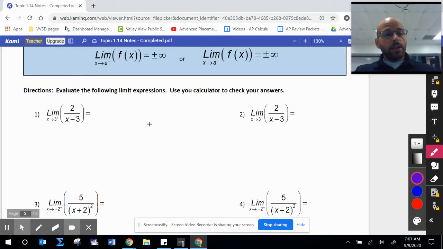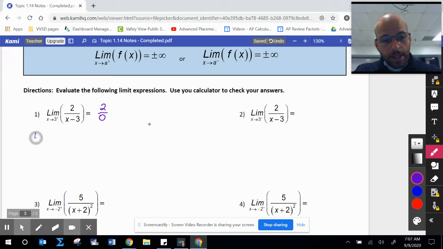All right? So if you take a look at number 1, I want to approach 3 from the right. Now, if you were to do a direct substitution here, I would get something like 2 over 0, which isn't very descriptive. So what I'm going to do is use a table of values. I'm going to pick a value very, very close to 3 on the right-hand side.